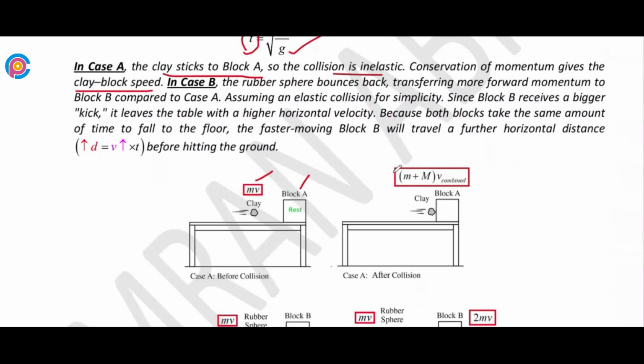The momentum is still equal to mv. So the mass is greater, hence the velocity is less, because the combined momentum of the system should be equal to mv. So logically, this system has less velocity as compared to the clay.